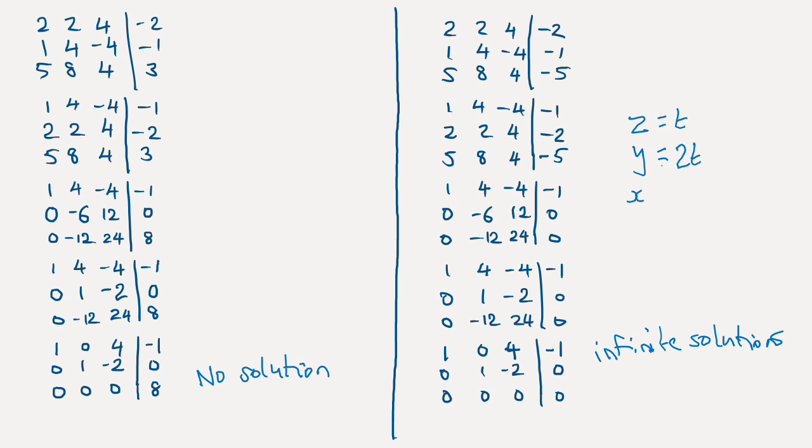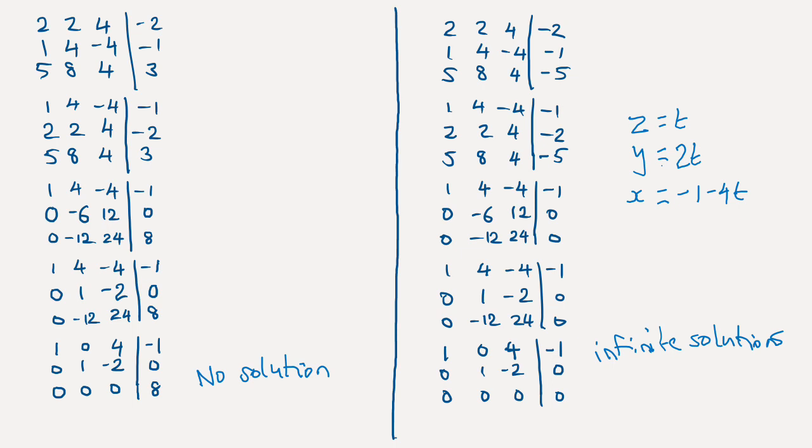And then x, here I've got x plus 4z equals minus 1, so x is going to be minus 1 minus 4z, so x equals minus 1 minus 4t. So that's a way to write the solution set here in parametric form, and you can see that that represents an infinite number of solutions because t can be anything.